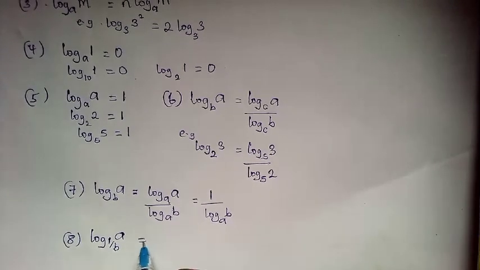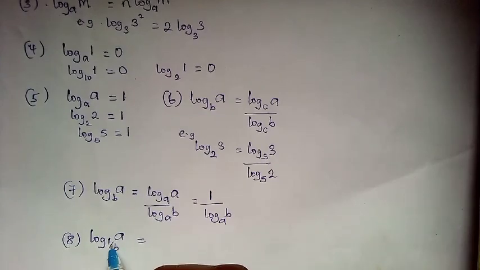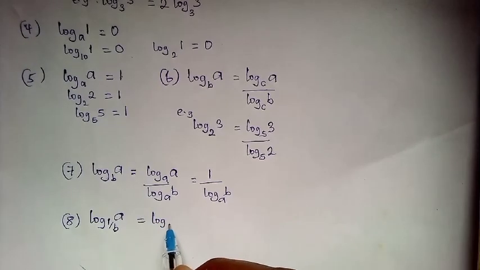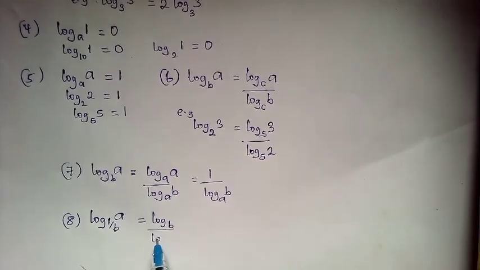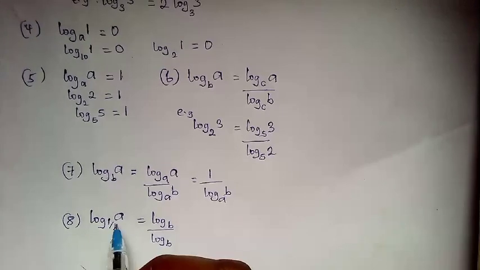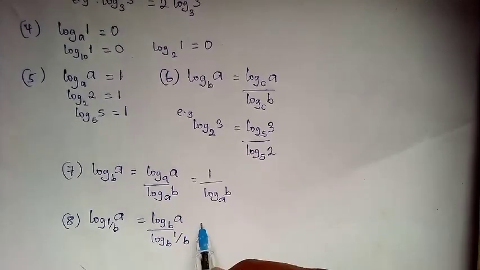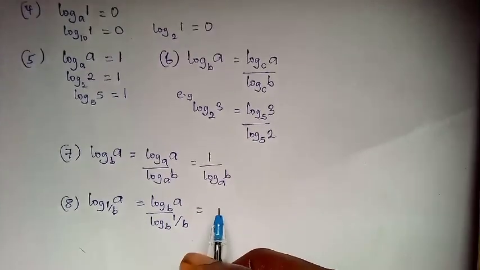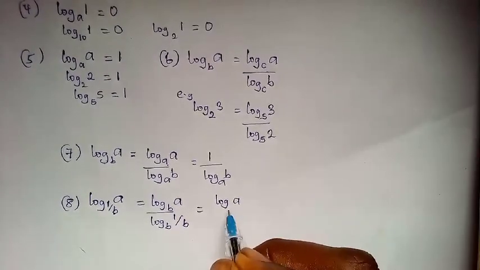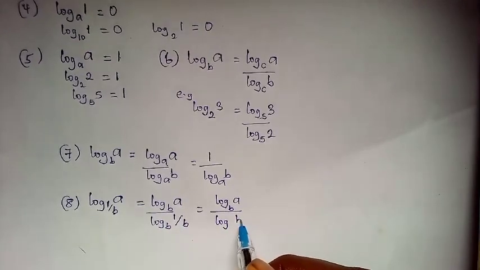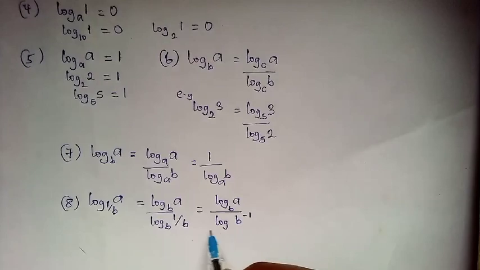If I want to change the base 1 over b to b, which is a whole number, I can write it as log base b over log base b, with a as the numerator and 1 over b as the denominator, equal to log of a to base b over log, of course 1 over b is b to the power of -1, then we have our base b.